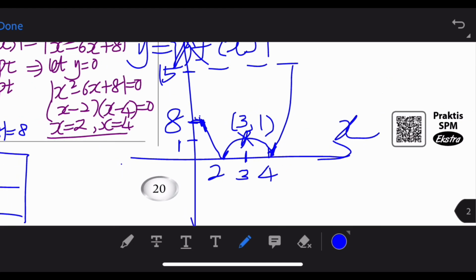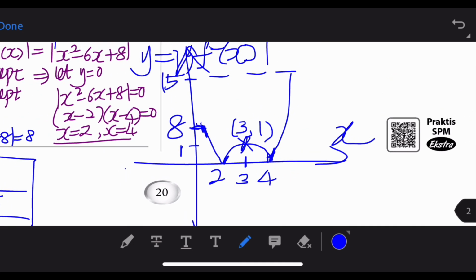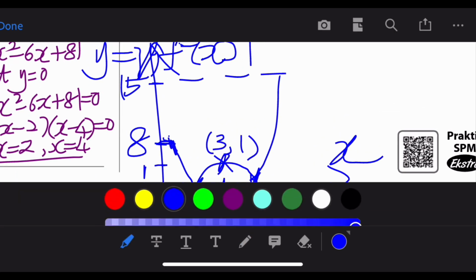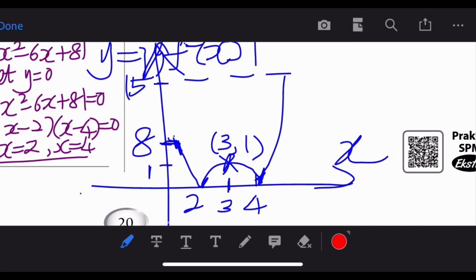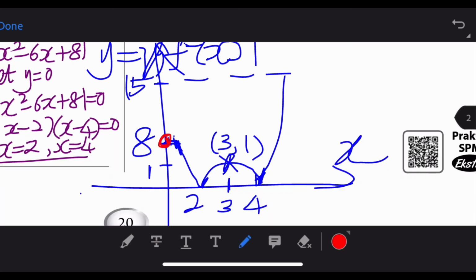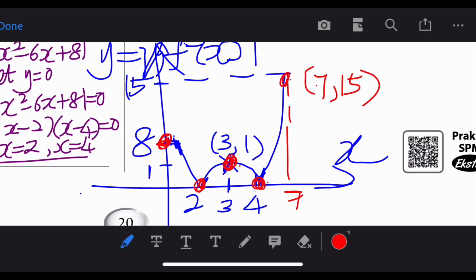Okay, so basically your graph should look like this. You should have a turning point. How they give you marks is that you must label the points. This point is (0, 8), this point is (3, 1), (2, 0), (4, 0), and then (7, 15). So all these points must be there when it comes to sketching of the graph. 5 important points for the quadratic function.